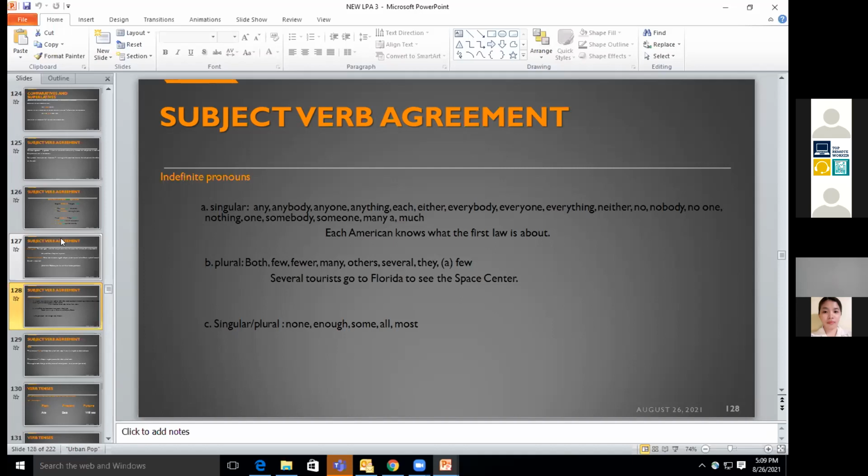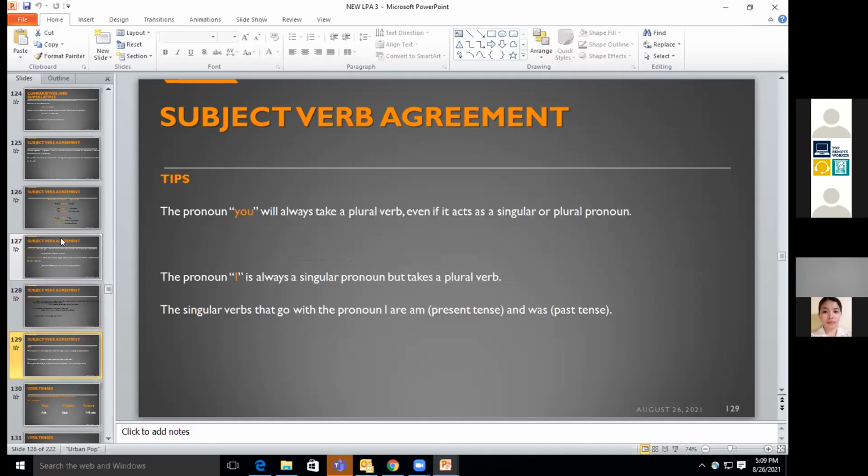Each American. Okay. Each Filipino. Plural: both, few, fewer, many, others, several, they. Several tourists go to Florida to see the Space Center. Singular or plural: none, enough, some, all, most. Okay?